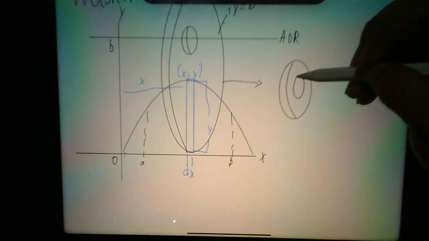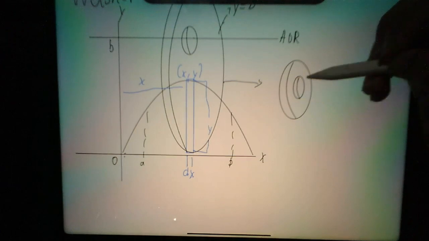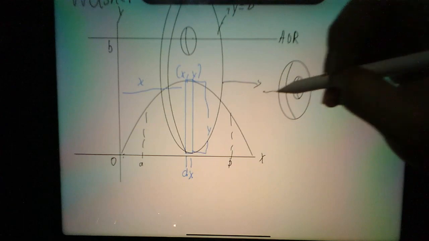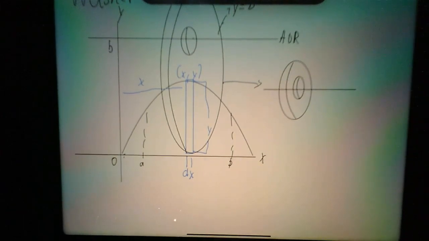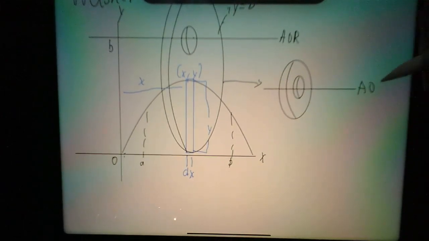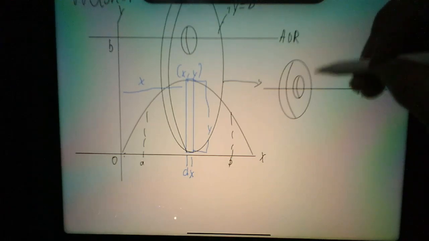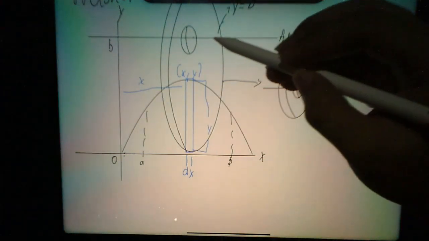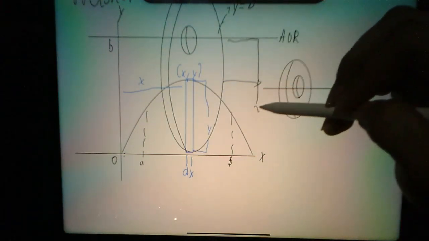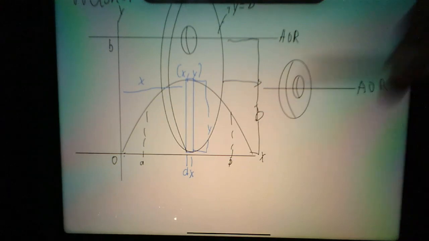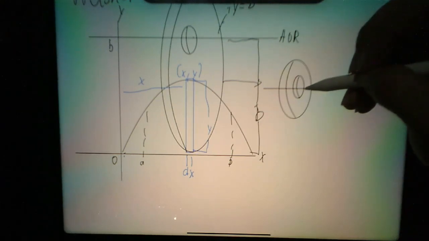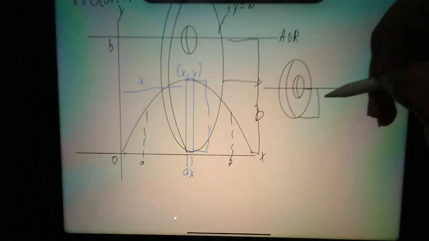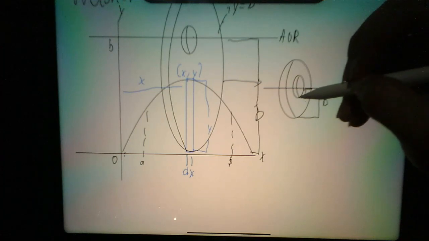This is the area of rotation, AOR, and this part here is called x, and from this part here to here is just equals to b. So from this part to this part, this is called b, and this part here is called y.